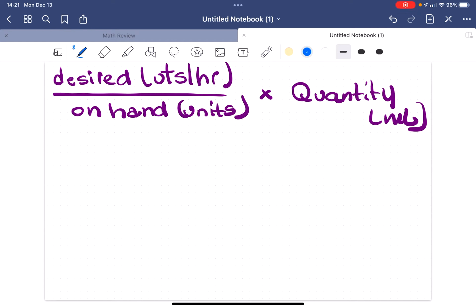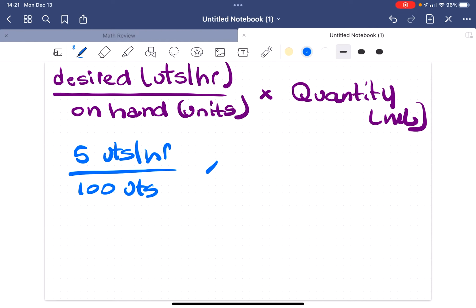Our desired units per hour is 5 units per hour. What is on hand? We have 100 units. In how much? It is in 100 milliliters. So, what does the math look like? So once we do the math for that, we end up with 5 milliliters per hour.